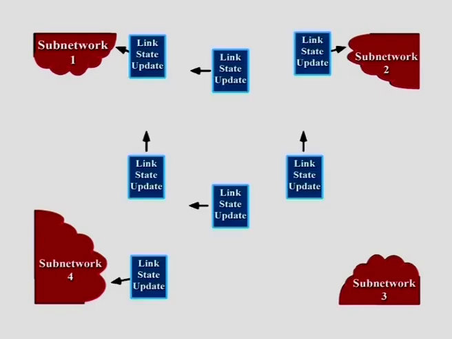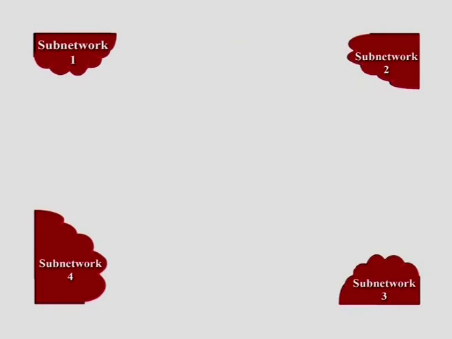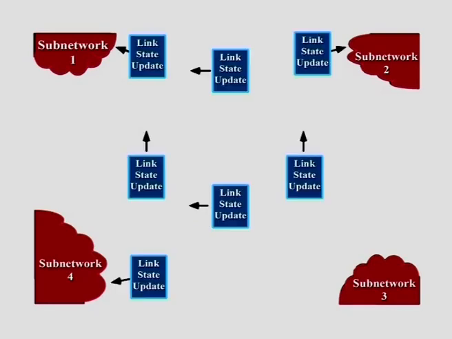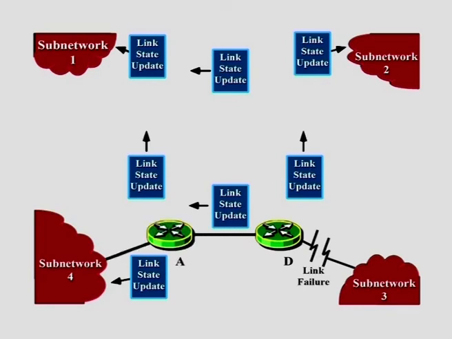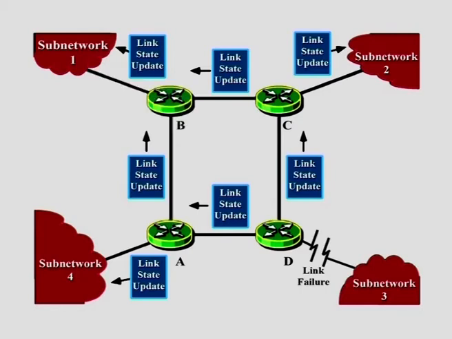Now when there is a link failure in the case of subnetwork 3, this information is acquired by link state updates as shown in the figure. Router D sends a link state update to its neighbors A and C. A and C in turn send link state updates to their neighbor, that is, router B, subnetwork 2 and 4.